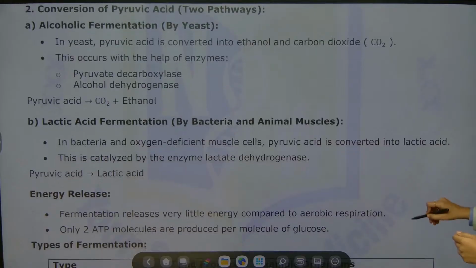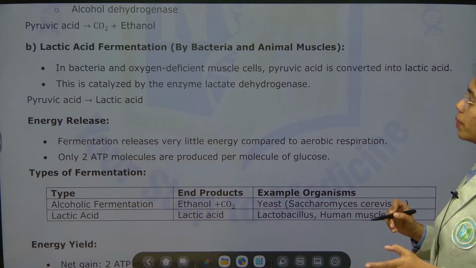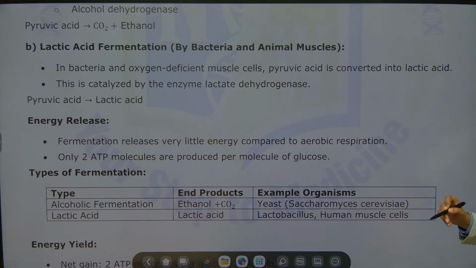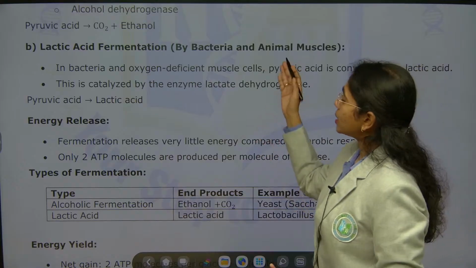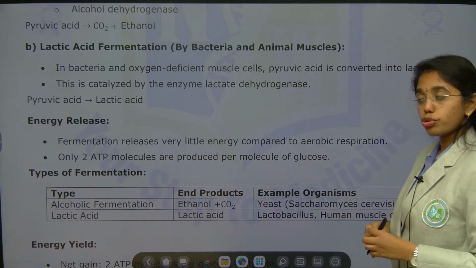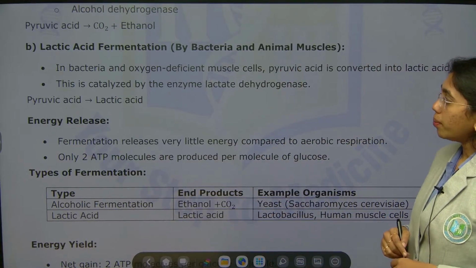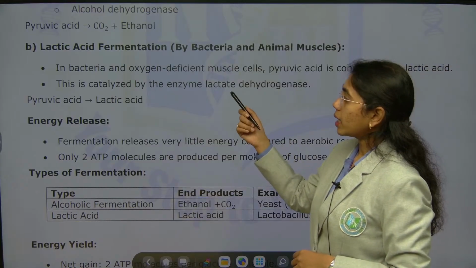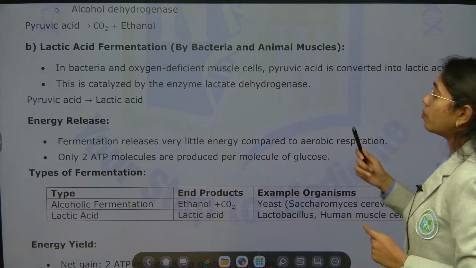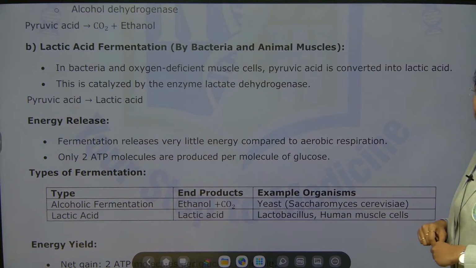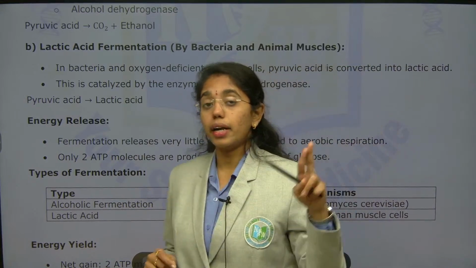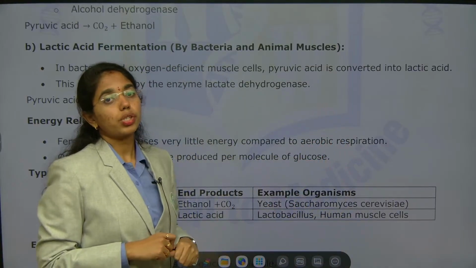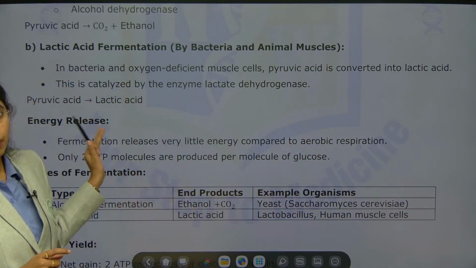Next, lactic acid fermentation. This will be by bacteria, and this will occur in bacteria like lactic acid bacteria, and this also occurs in muscle cells or muscle tissues of animals. In bacteria and oxygen deficient muscle cells, usually in the time of vigorous exercise, oxygen is supplemented by lactic acid fermentation in the muscle cells.